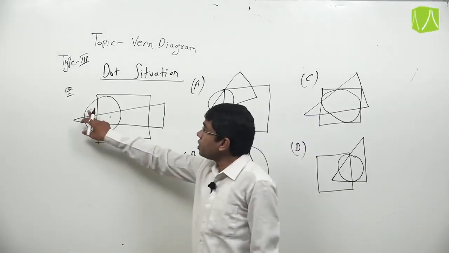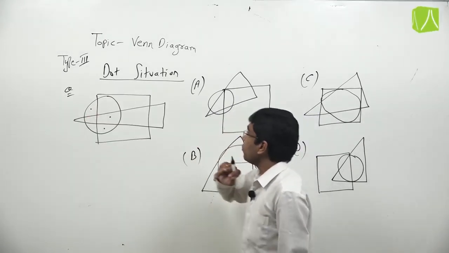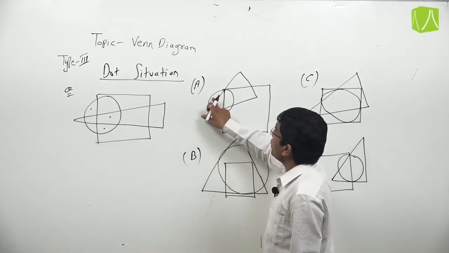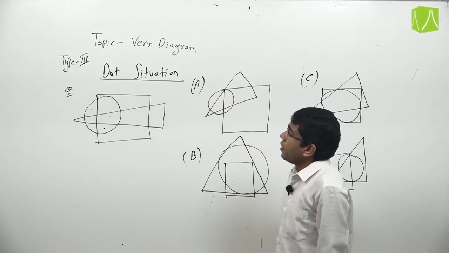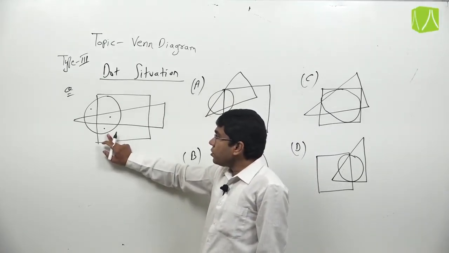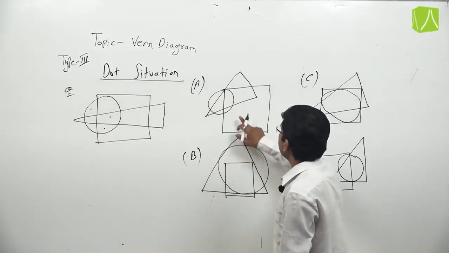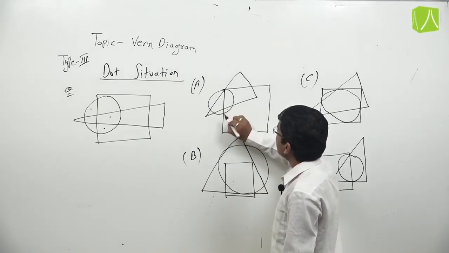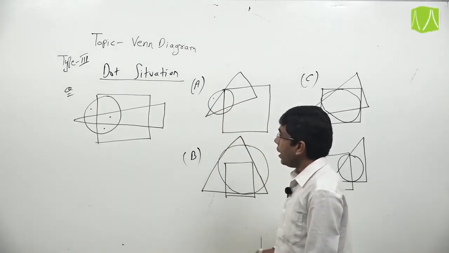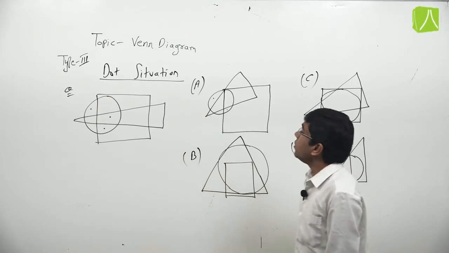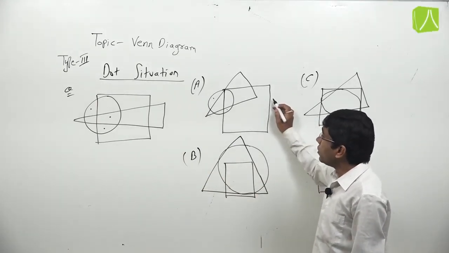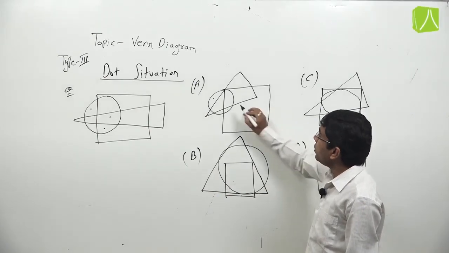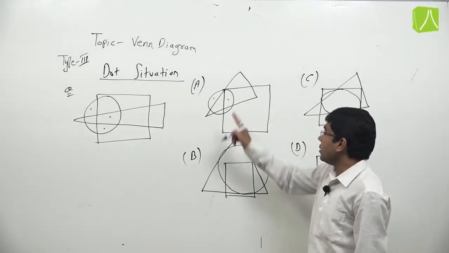Friends, if we concentrate on option A, there is a dot which is only present in this circle, so we can denote this circle according to this. Now the dot which is the common part of circle and square can be represented here, and the third dot represents the common part of all the three diagrams.